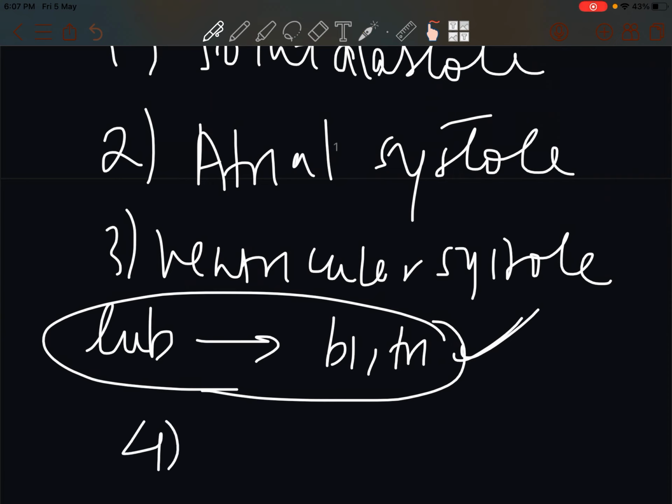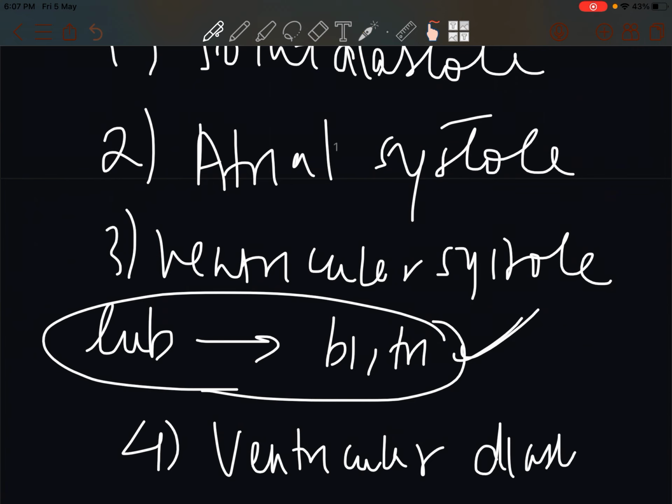And the last thing in the cardiac cycle is ventricular diastole. Yeah, ventricular diastole is very important, because ventricular diastole is when your semilunar valves are closed and the bicuspid and tricuspid valves open, when the ventricles are relaxing.